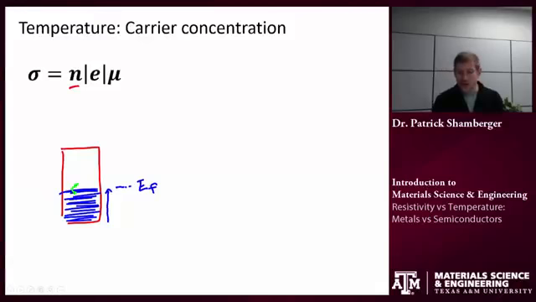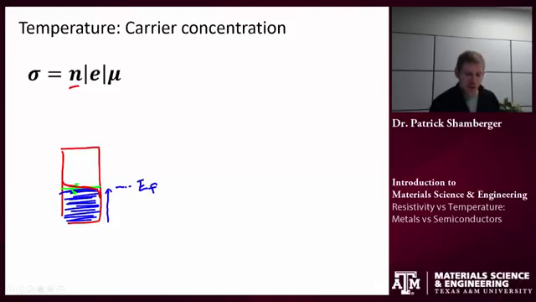And the amount that we excite up is going to be related to the temperature in the system. So if I have something that's exactly at 0 degrees Kelvin, perfect zero, then I will fill up to the Fermi level and stop, and I will have no occupied energy levels above that. At any temperature greater than 0 K, I'm going to have some sort of distribution. And it'll look something like this.